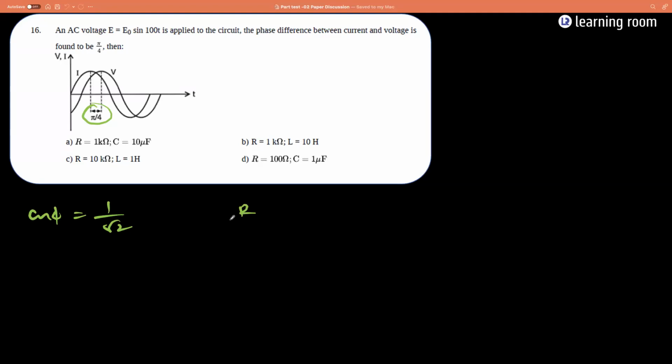Then you calculated R by Z. So here Z will be equal to root of 1000 square plus 10 into 10 power minus 6 the whole square. When you calculate this, you need to substitute it here and check. Whichever gives you 1 by root 2, that will be the answer. So option A will give you the answer.